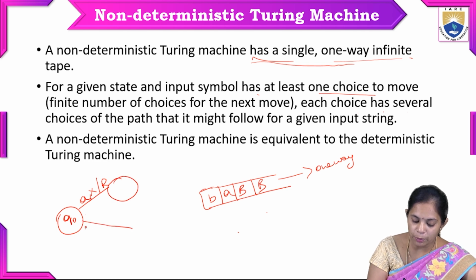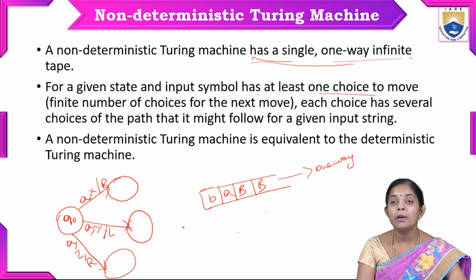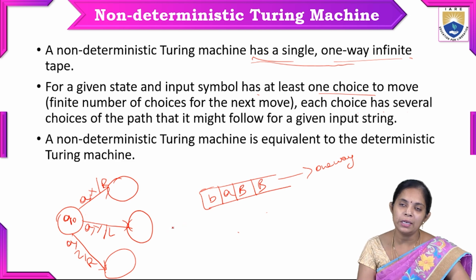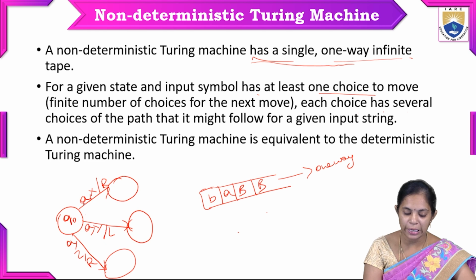For the same input, it is replaced with Y, and it moves to the left. And one more we will write: for the same input, we write Z and move to the right direction to another state. By seeing this diagram, for the state Q naught, we have a single input, nothing but A.